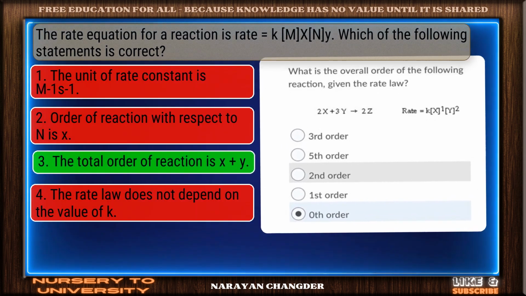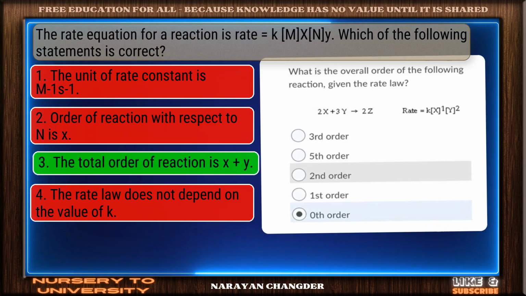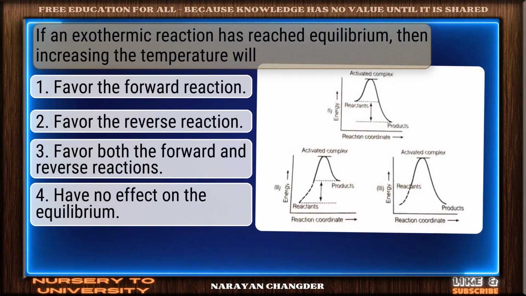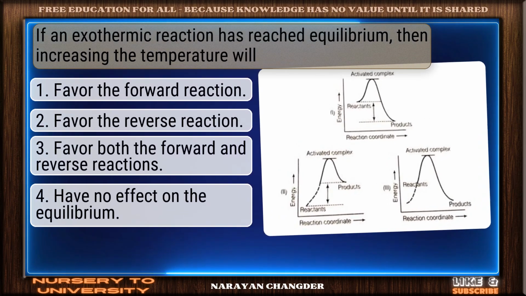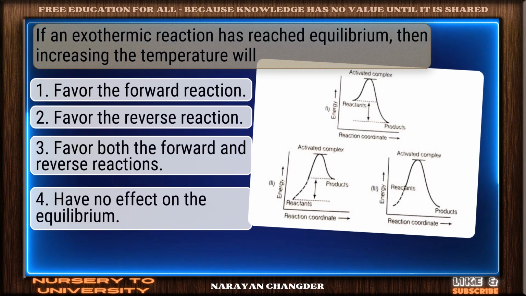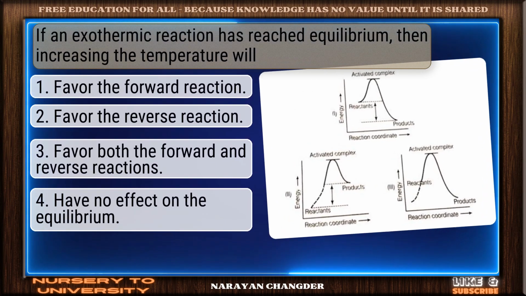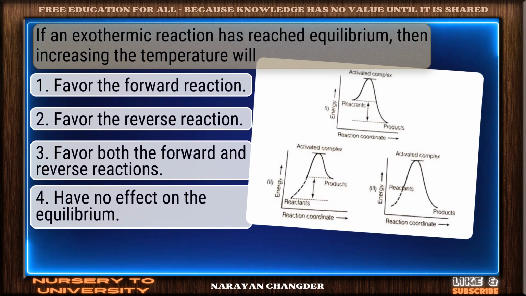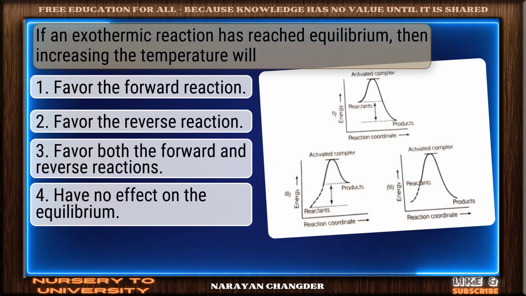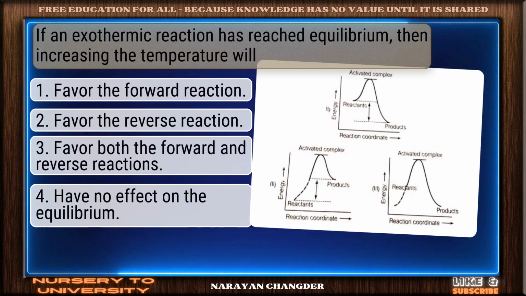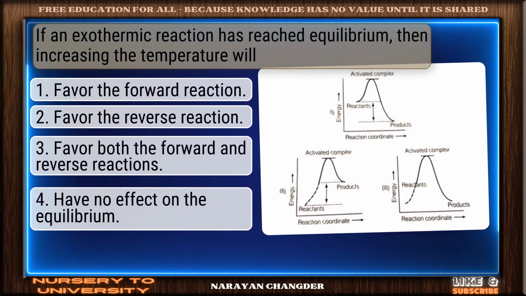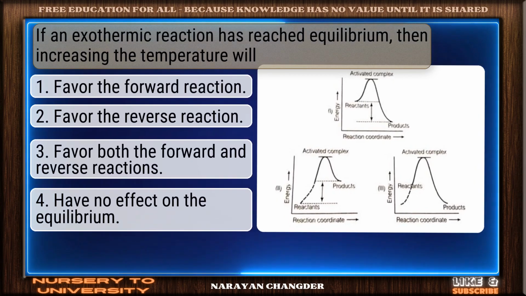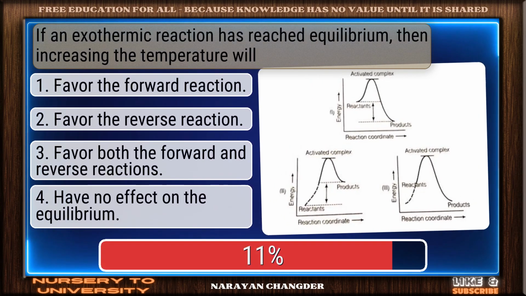Nice, the total order of reaction is x plus y. If an exothermic reaction has reached equilibrium, then increasing the temperature will: Option 1, favor the forward reaction. Option 2, favor the reverse reaction. Option 3, favor both the forward and reverse reactions. Option 4, have no effect on the equilibrium.